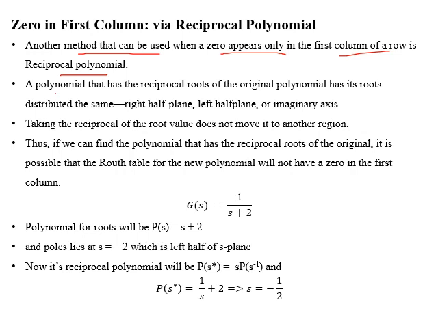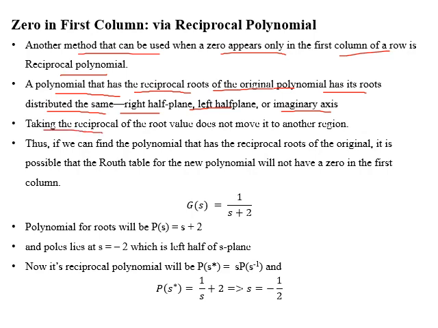The reciprocal polynomial is a polynomial that has the reciprocal roots of the original polynomial, and the distribution of roots among the left half plane, right half plane, or imaginary axis is the same.